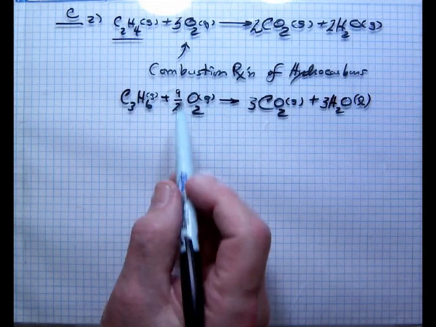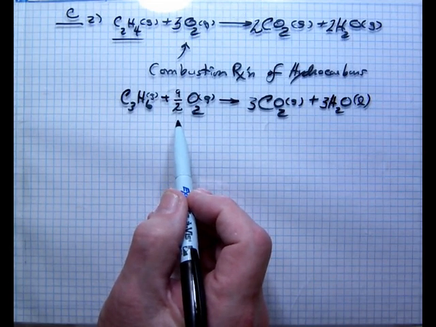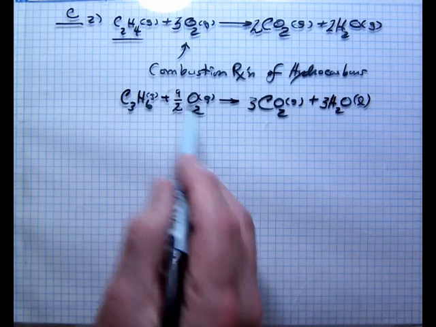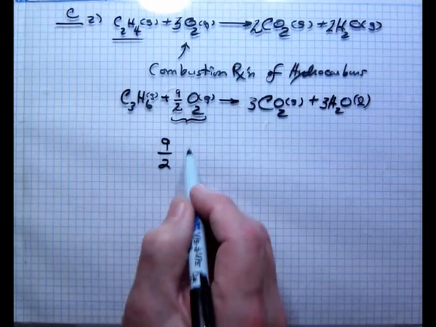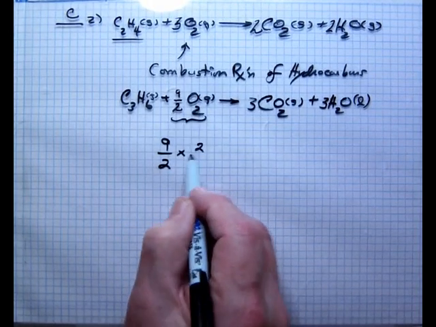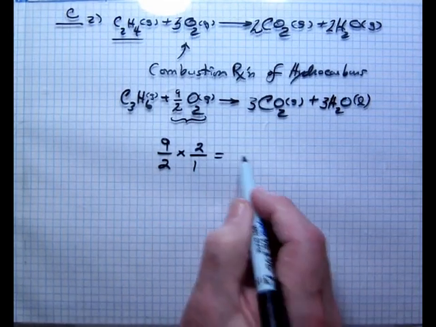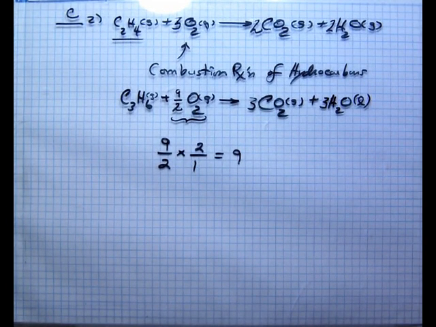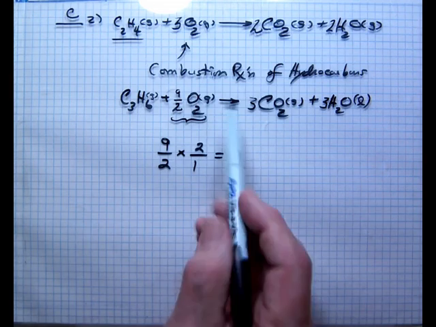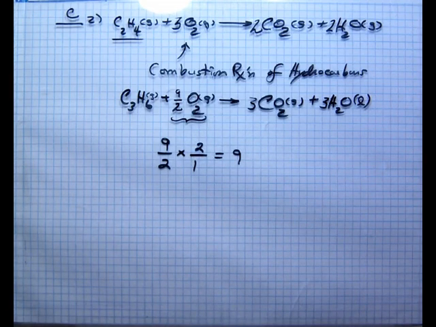Okay, now the point here in using this 9 halves: this refers to something like 9 over 2 times 2 over 1, which is equal to 9. So we're not giving up the basic standard state, but we're adjusting it stoichiometrically or mathematically so that it matches the numbers left and right.